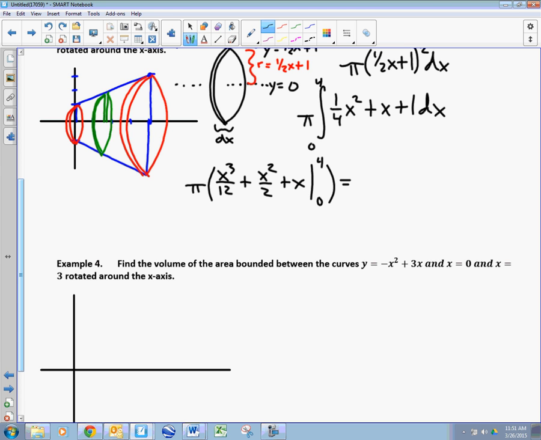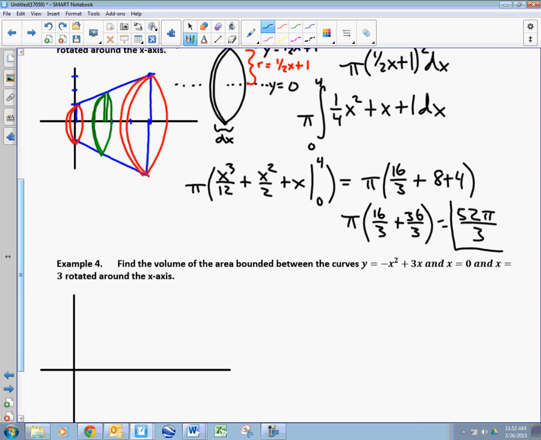Divide both by 4, we get 16 over 3. So pi times 16 over 3 plus, 8 over 2 is, I'm sorry, 16 over 2 is 8. So pi times, that would be 16 thirds plus 12, or 36 thirds. 52 pi over 3.